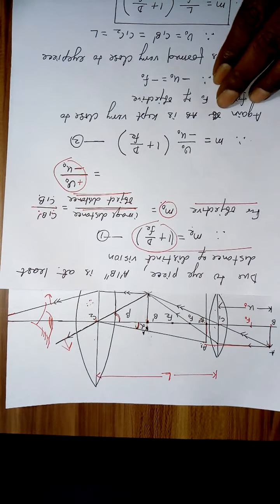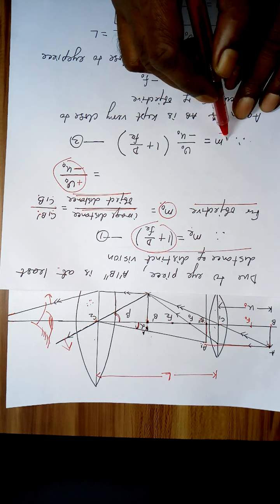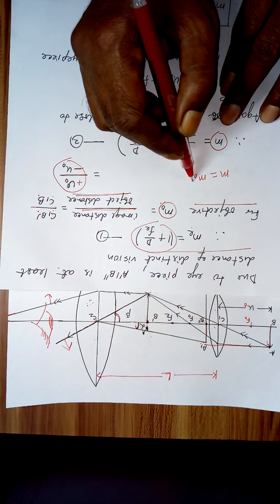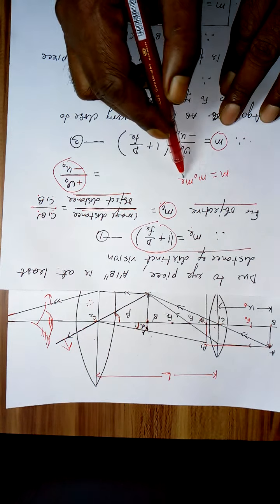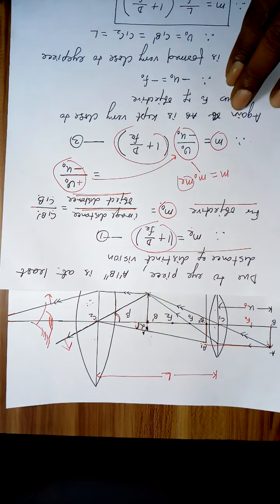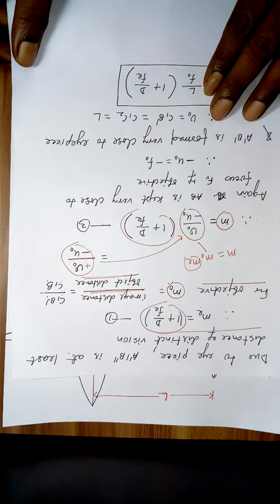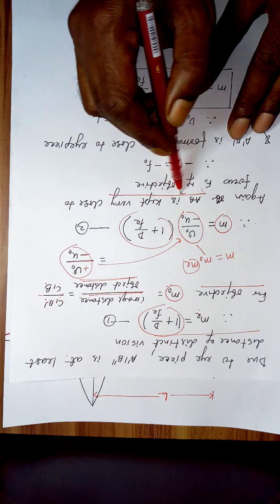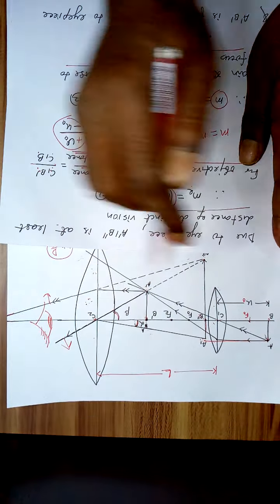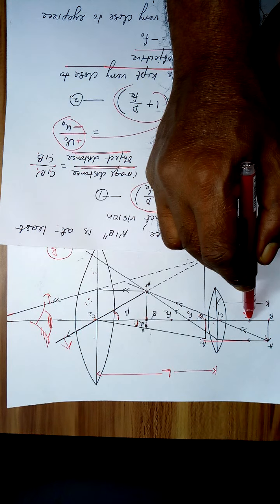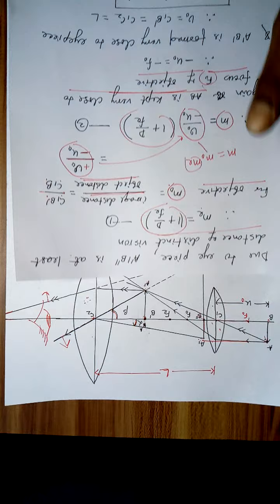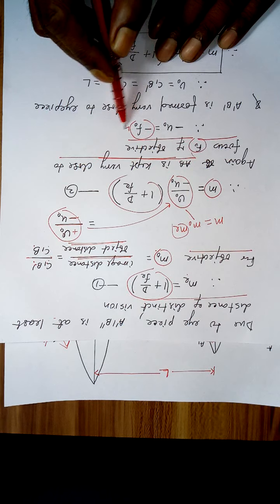Now, therefore, the total magnification M is equal to MO into ME. For ME, I write this. For MO, I write this, which I just explained here. Now again, AB is kept very close to the focus of the objective. So your object distance U naught will be from here to here, that is the focal length of this lens, negative.